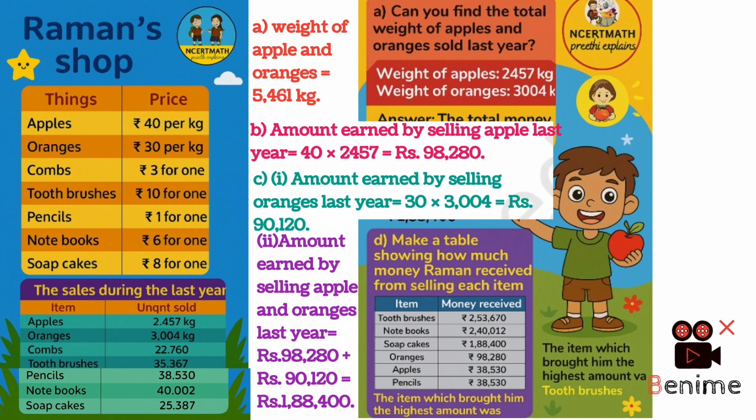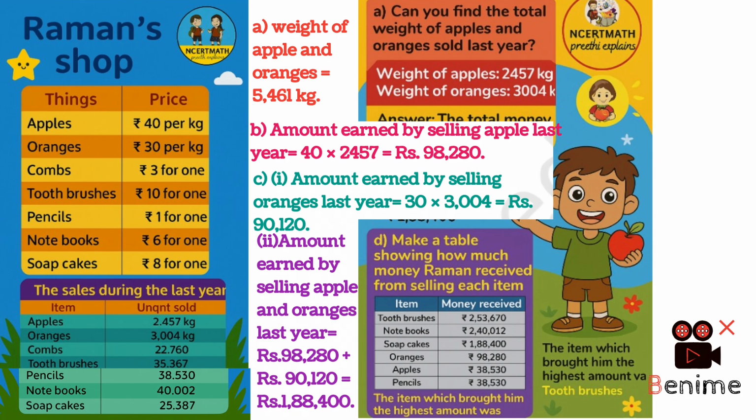The weight of apples is 2457 kg sold last year. They have asked for the total weight of oranges and apples, so we perform addition: 2457 plus 3004 kgs gives the answer 5461 kgs.